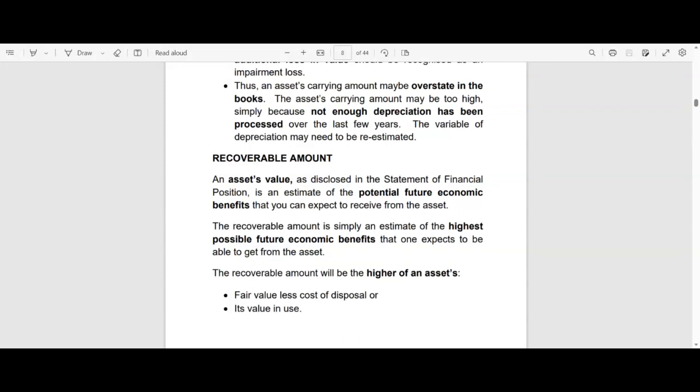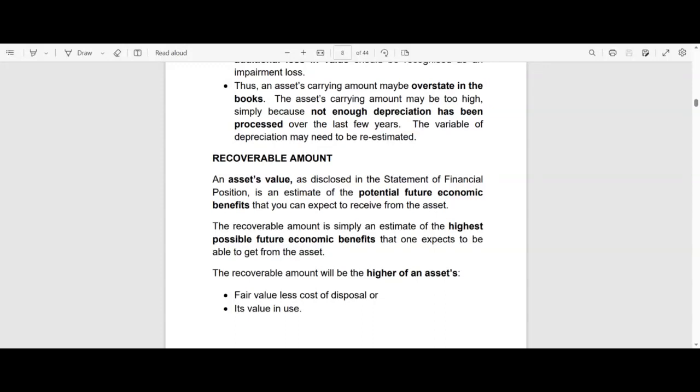We often joke, and I've mentioned this, thank you, Enrique, that you are then really carrying pie in the sky. You are carrying a value that you cannot recover either from selling it or from continuing using it. Right. So in that particular case, ladies and gentlemen, we have to account for an impairment loss.